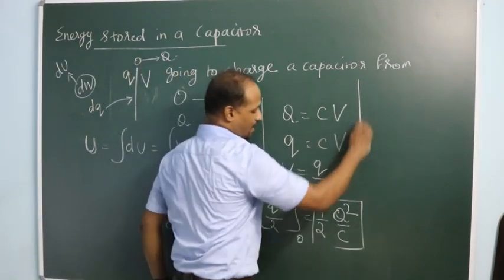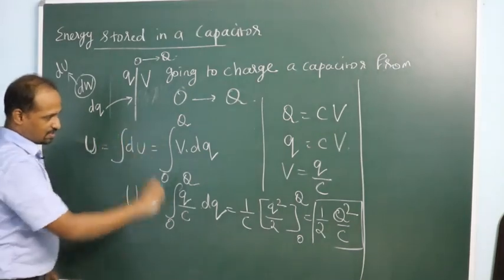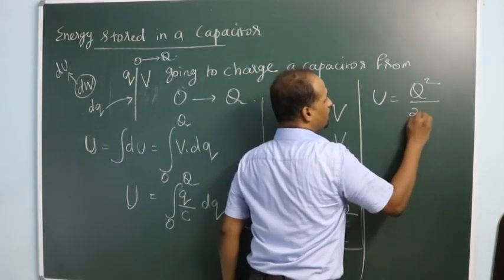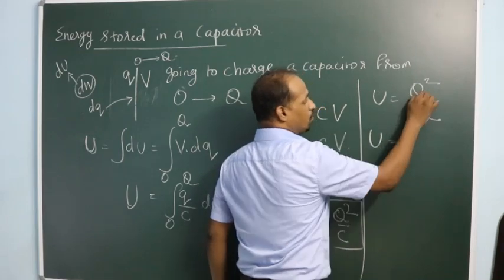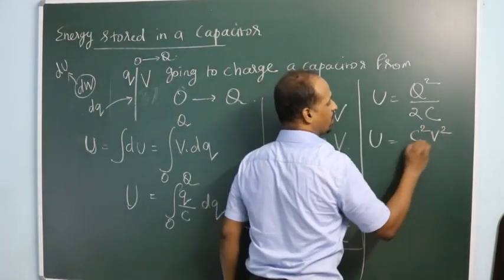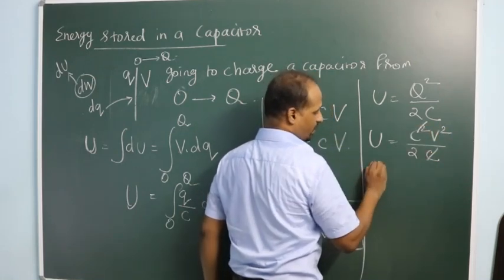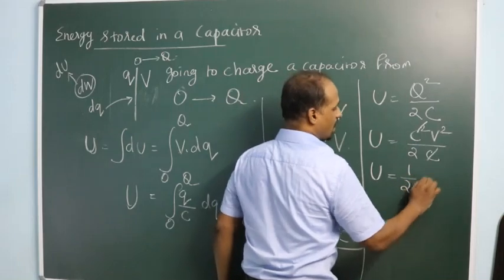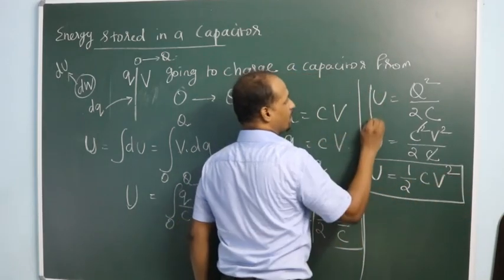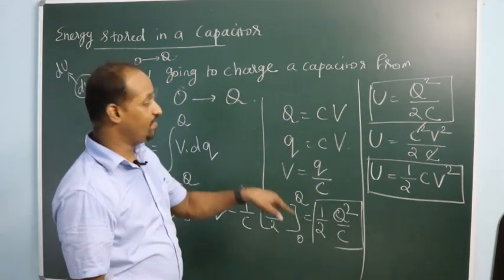If you substitute that, the total energy stored in a capacitor, U, is Q square by 2C, or since Q is CV, C square V square by 2C, where C can be cancelled, so energy stored in the capacitor is half CV square. So one form is Q square by 2C, or half CV square.